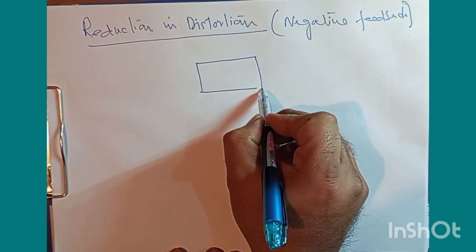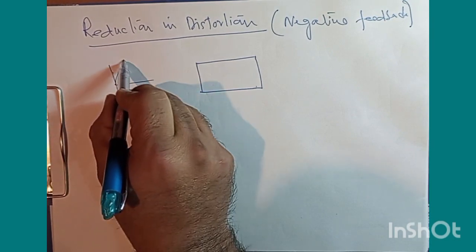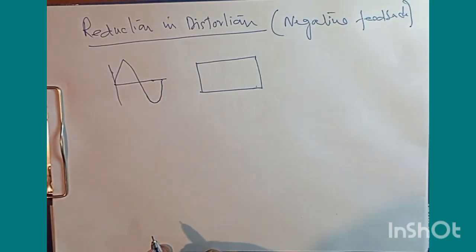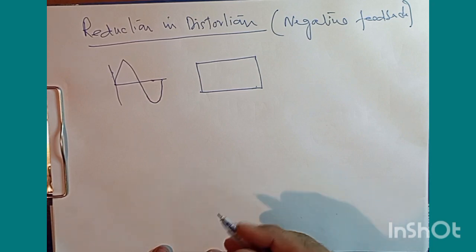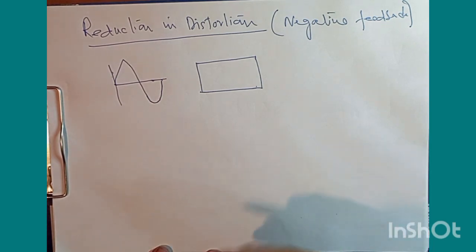If we talk about an amplifier, we can have a signal which has large amplitude, and this signal can have distortion in it. It can have some harmonics in it which are not favorable. So how can we see the impact of making use of negative feedback if we want to see the reduction in this distortion?